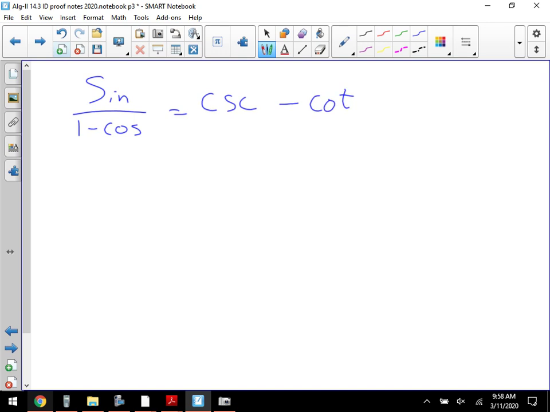When I say standard trig functions, I'm talking about cosine, sine, tangent. Your reciprocals are secant, cosecant, cotangent, and all that. Shouldn't the sine be over 1 plus cosine? Oh, thank you. I glanced down and saw the minus symbol from the problem below it, even though the one below it is a sine.